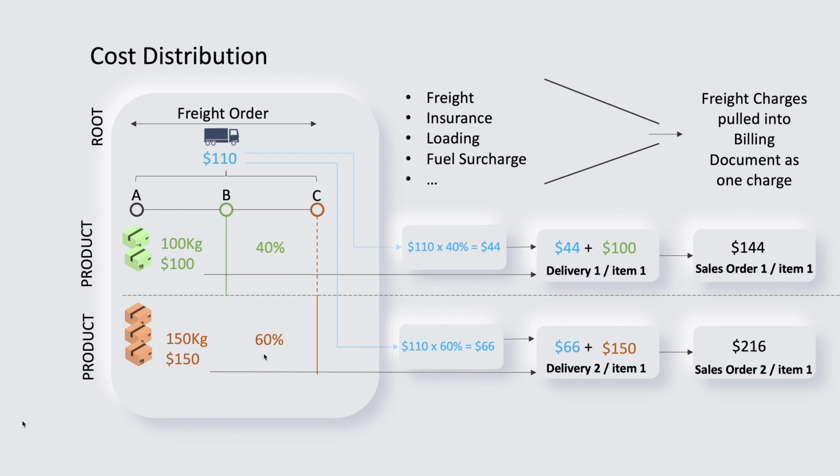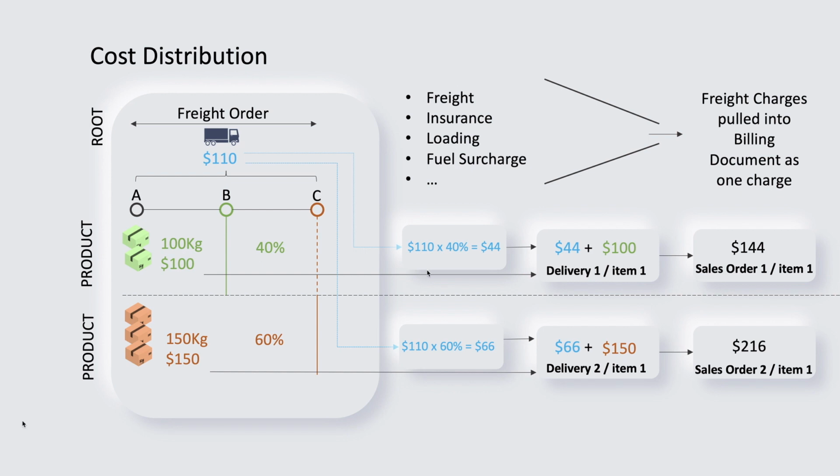And similarly for the second item, we are going to be distributing a total cost of $216 back to that sales order, and that can be accounted for by the $150 that came from the product and the $66 which corresponded to the 60% of the total weight carried by this freight order, and hence 60% of those $110. So hopefully that's explained how the cost distribution works.